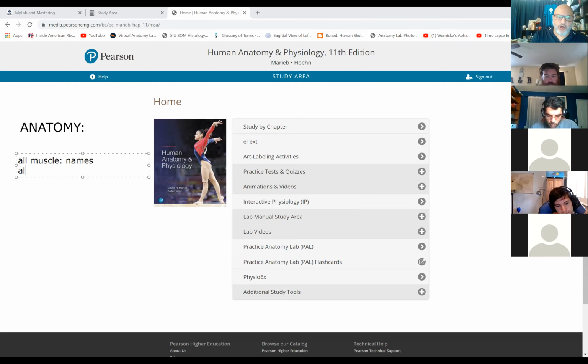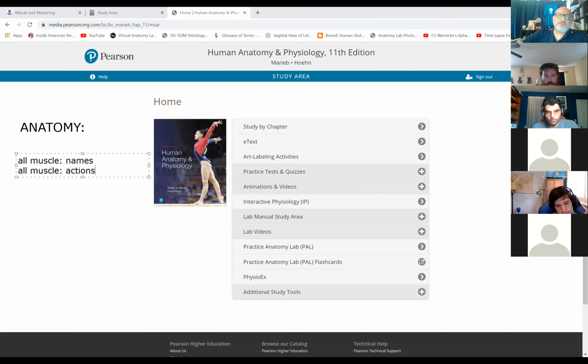And for all muscles, you need to know their actions. These are using the terms that we've talked about, like flexion and extension, right? And abduction and rotation and supination and pronation and all those terms we've talked about.